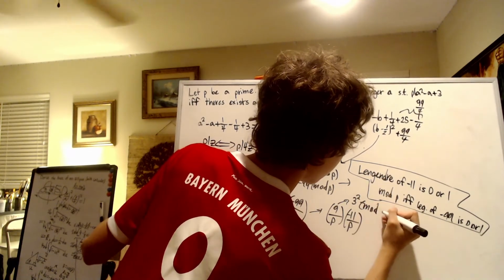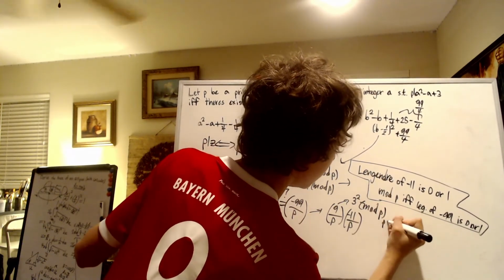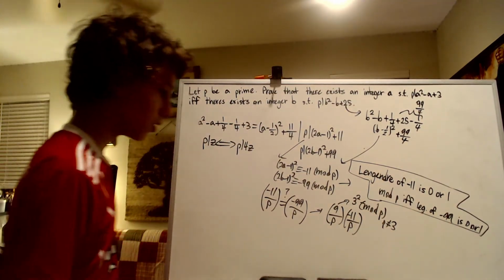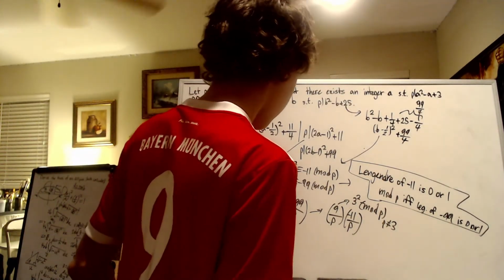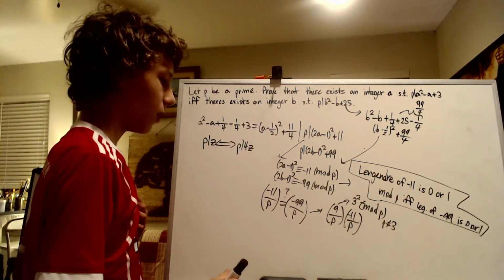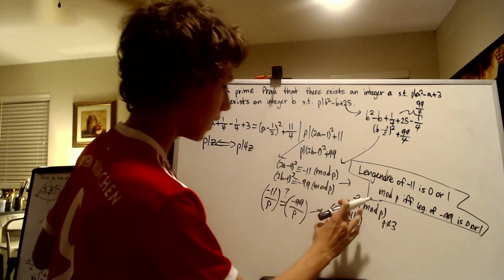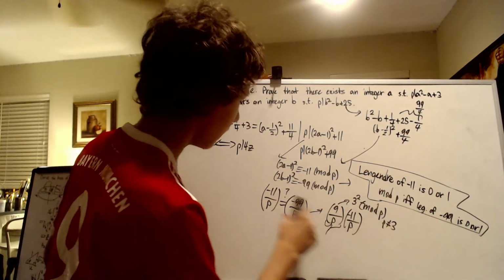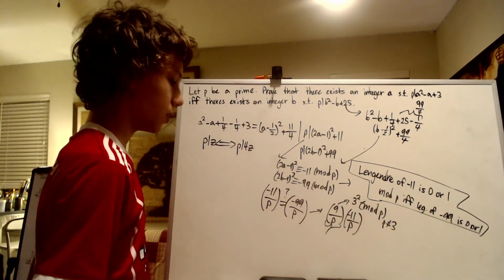So that tells us that this is going to be 1 if p is not 3, and that satisfies this congruence.